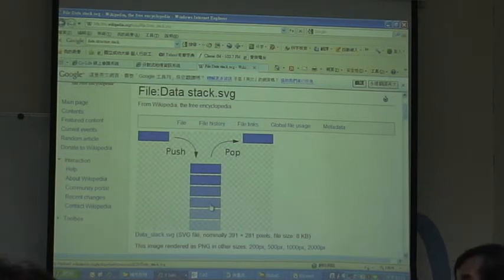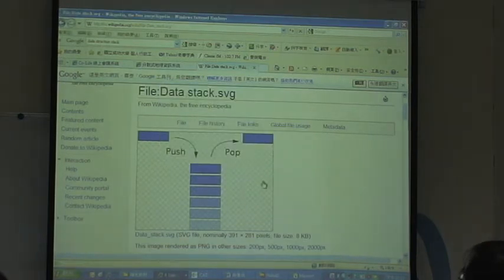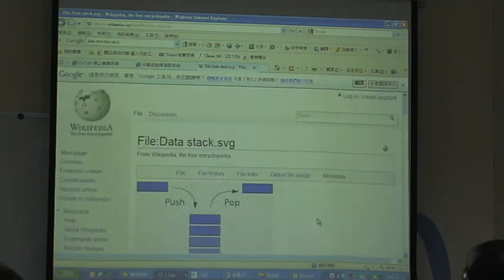You won't take it from the middle. So if you want to simulate or describe the behavior of the plate stack, then you should use this structure. So we call it a stack.